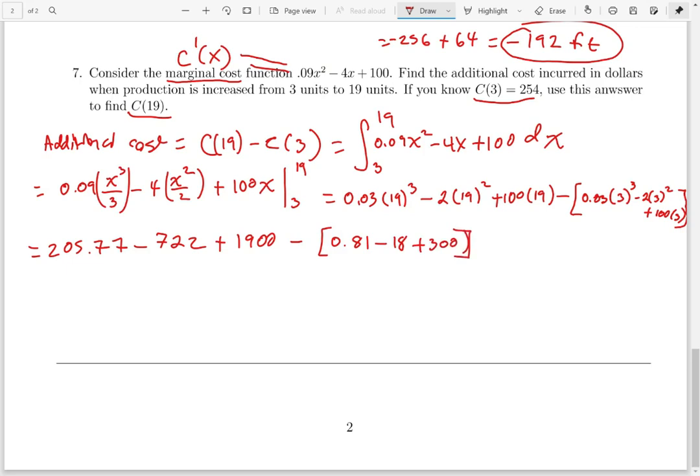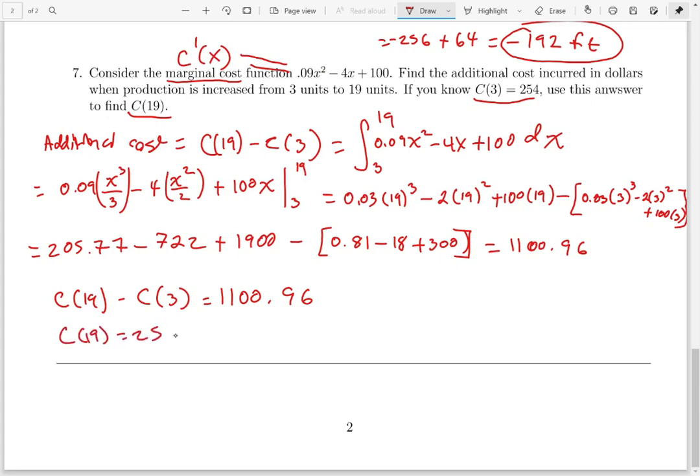Then finishing off this arithmetic, make sure you distribute that negative. I get that this is 1,196. Let's pretend for one moment that we know that C of 3 is 254. Well, since C of 19 minus C of 3 equals 1,196, supposing we know that C of 3 is 254, then C of 19 minus 254 is equal to $1,196.